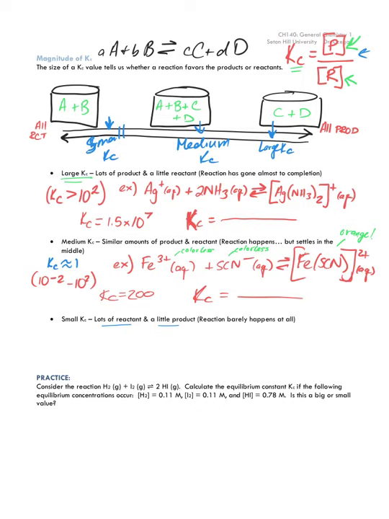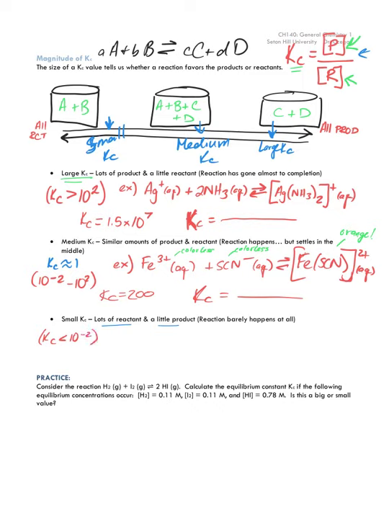So a small Kc value means the reaction favors the reactants, and a big Kc value tells you the reaction favors the products. The range here that we're going to be working with as small are Kc values that are less than 10 to the -2nd.